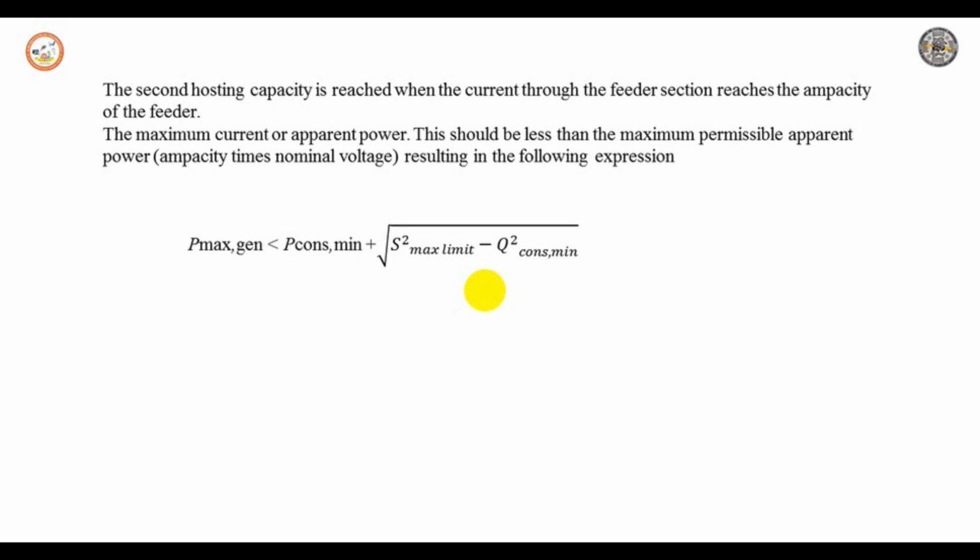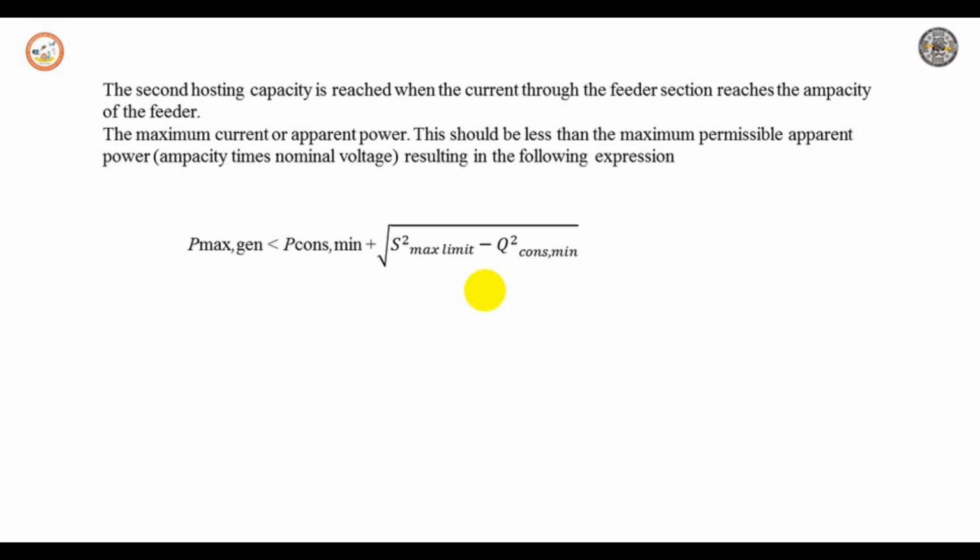Here P max gen will be less than the active power consumption at a minimum level plus the root of S square maximum limit, that is the apparent power consumed at a maximum level, minus the reactive power consumed at a minimum level. So this is our final expression for both active and reactive power flow.